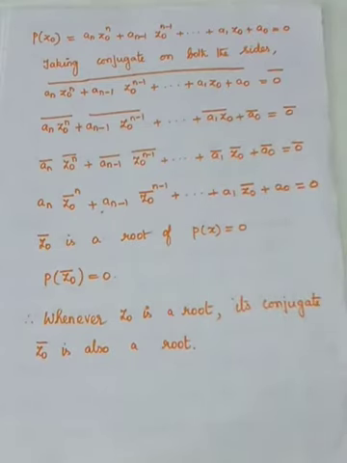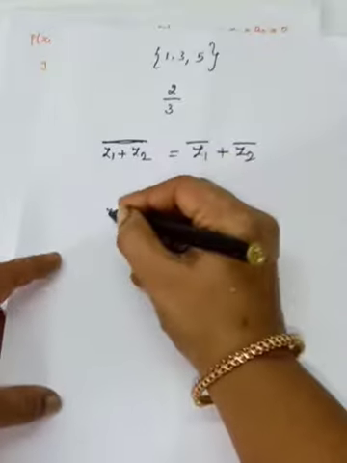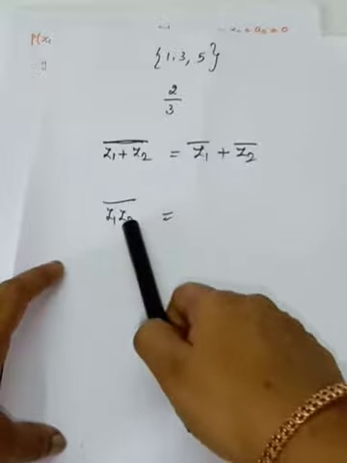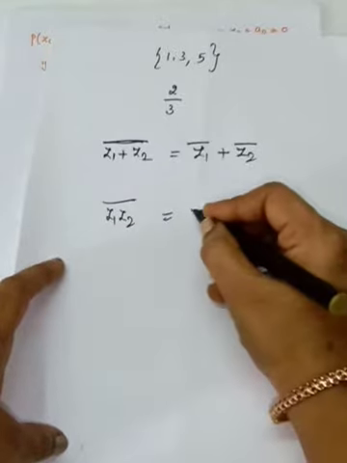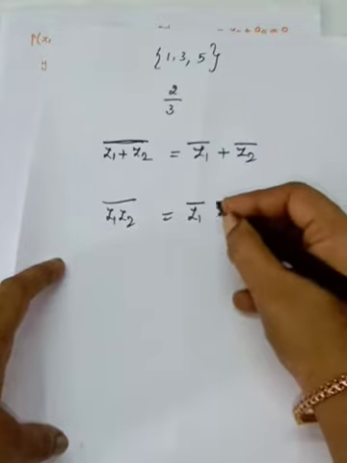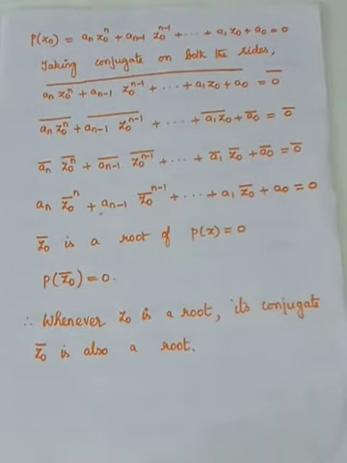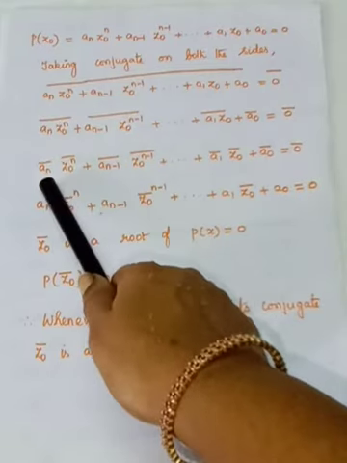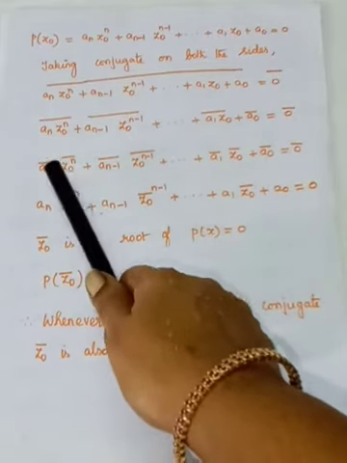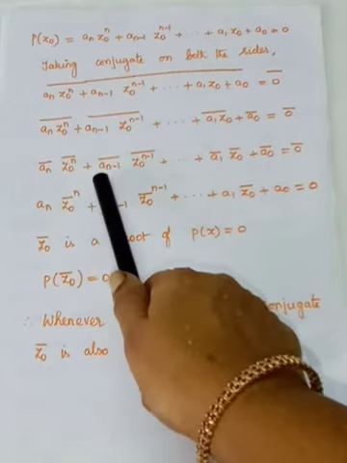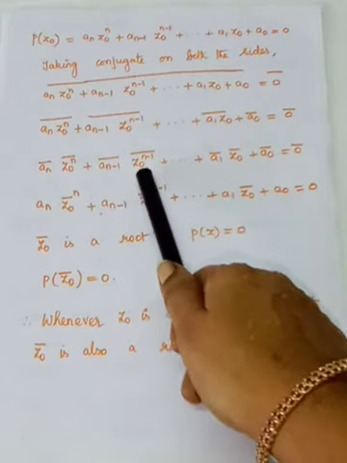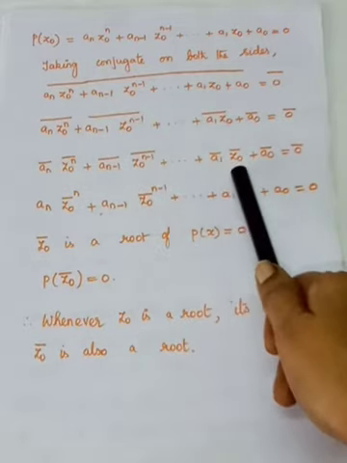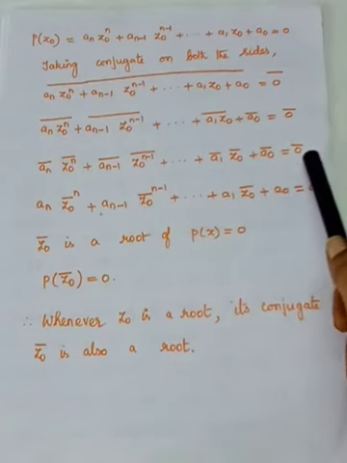Now the conjugate of a product z1 z2 the whole bar can be written as z1 bar times z2 bar. So an z0 power n the whole bar can be written as an bar times z0 power n whole bar, plus an minus 1 bar into z0 power n minus 1 bar, plus etc. a1 bar z0 bar plus a naught bar is equal to 0 bar.